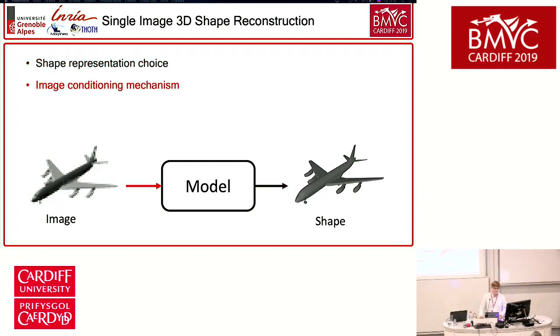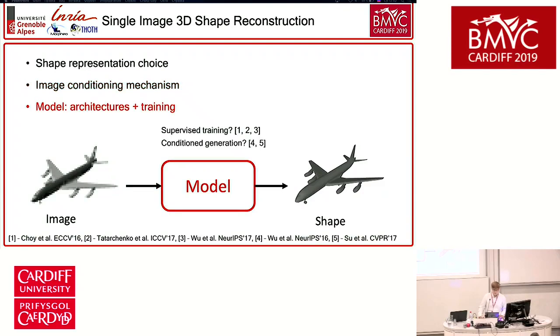So another aspect of the task is the choice of the image conditioning mechanism in the model. As you will see further, it's not something which is always predefined for any model. Finally, there's the model itself, which combines all the things.